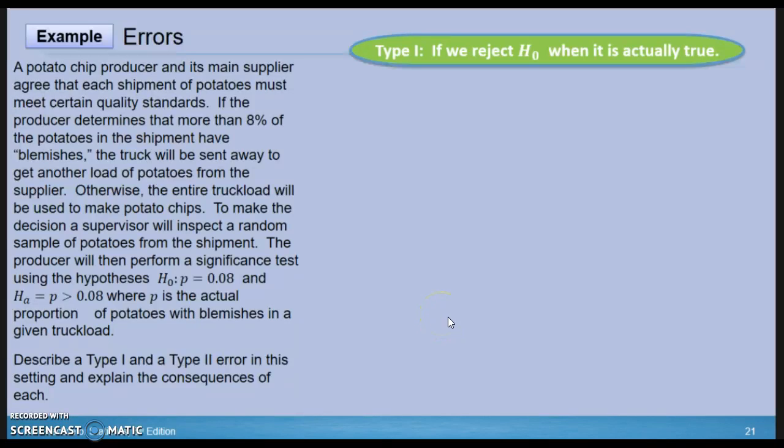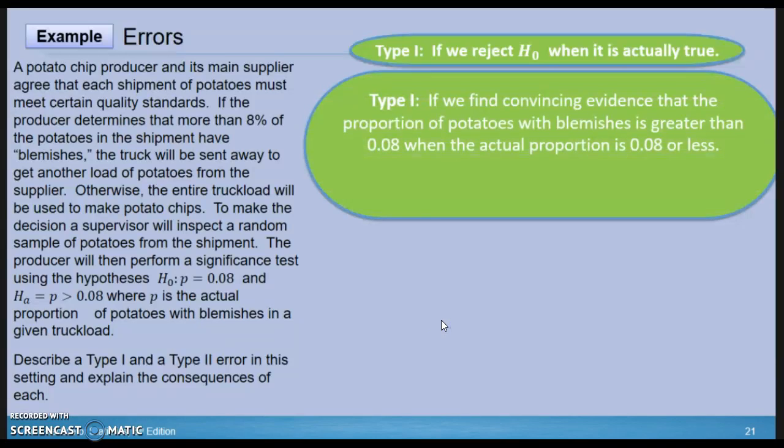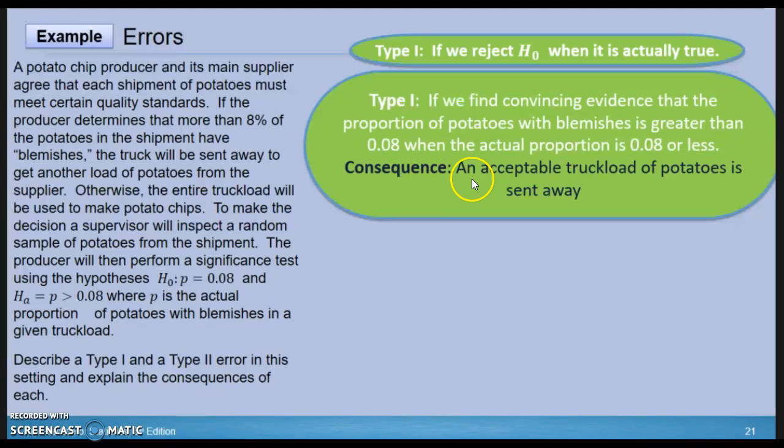If we're talking about shipping away potatoes, that means if we get convincing evidence that the proportion of potatoes with blemishes is greater than 0.08, when the true actual proportion is actually 0.08 or less than, okay? So that means we're rejecting it when we shouldn't have. So the consequence is a truck comes and they've got great potatoes with no bruises on them, and we send it away. So that's our consequence. So we reject that truck when we shouldn't have.